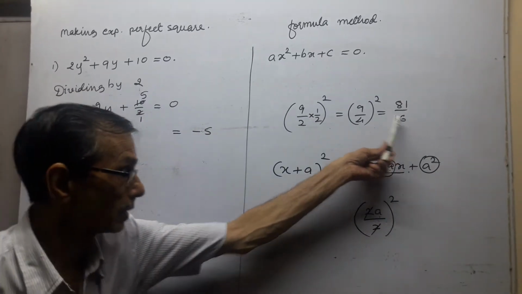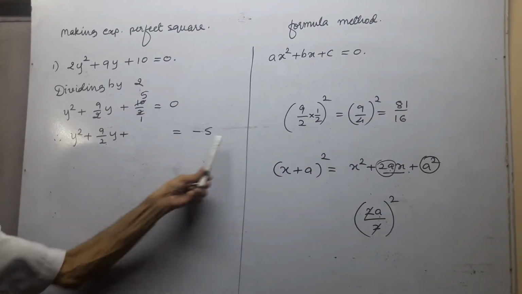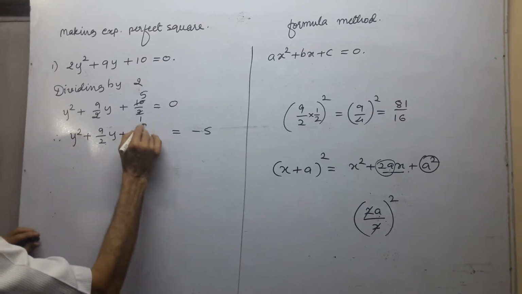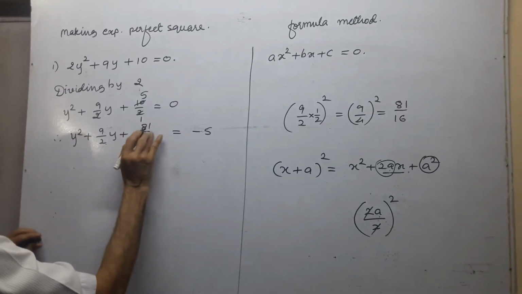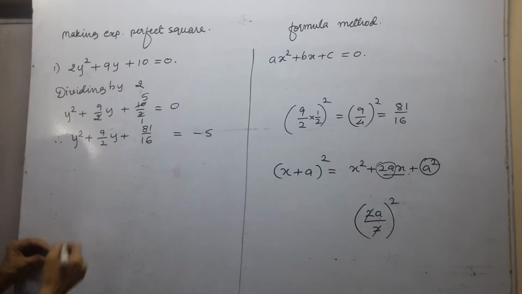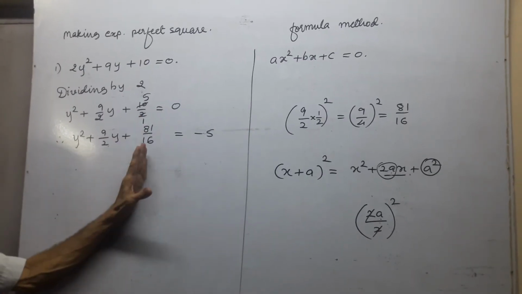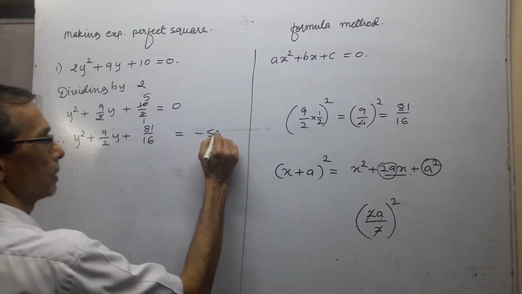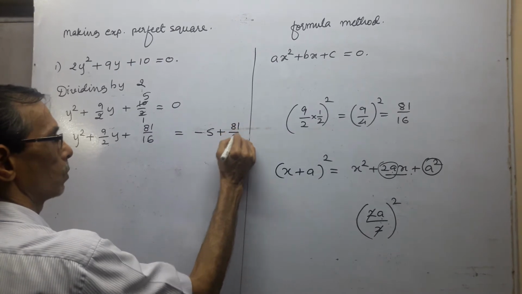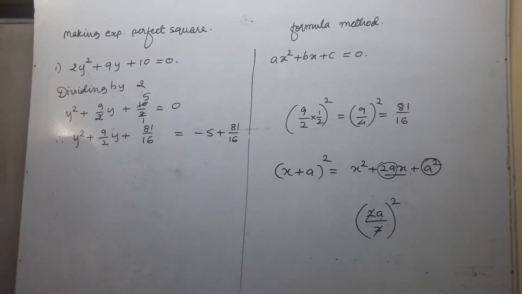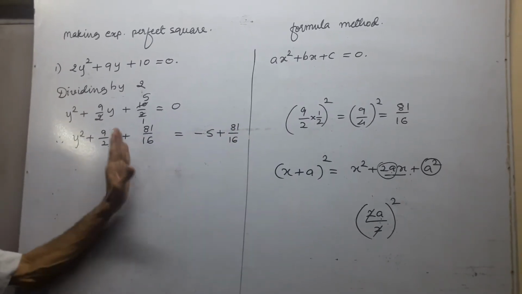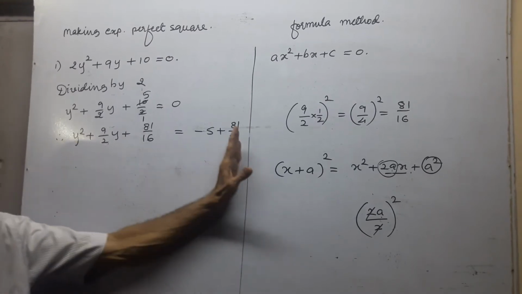So if you write 81 upon 16 here, it will become a perfect square. But since we are adding 81 upon 16 on this side, you should also add 81 upon 16 on that side, because it's an equation. If you add any number on one side, you should add the same number on the other side.